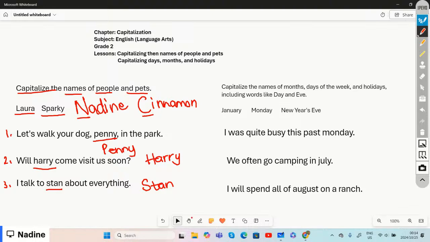Remember, we need to capitalize names of people and we capitalize names of pets. Not "this is my dog" or "this is my cat." We only capitalize it once your dog or your pet has a name.